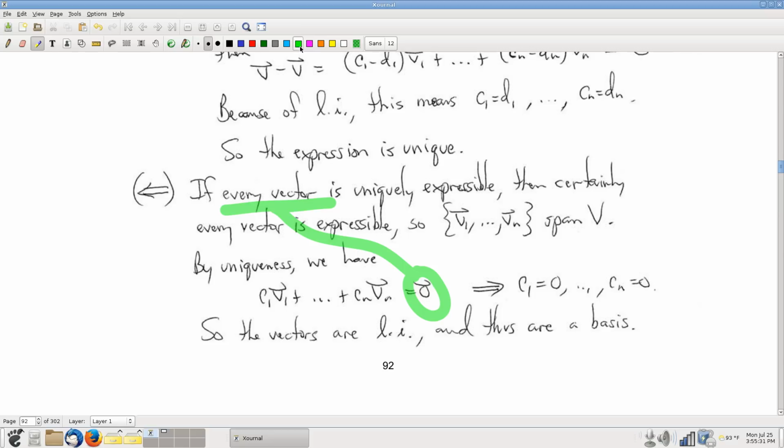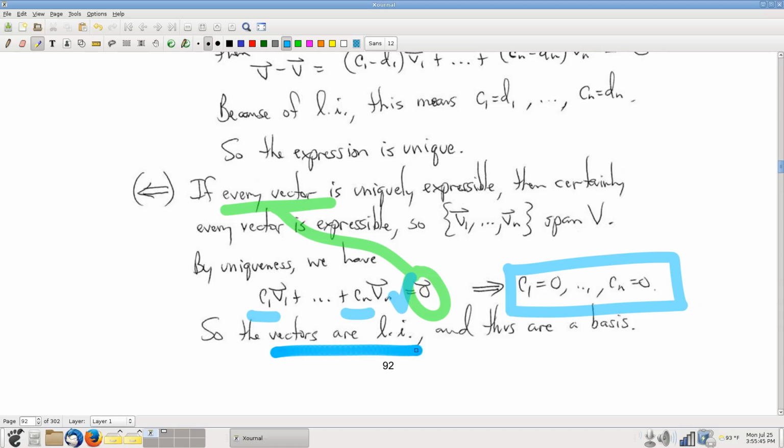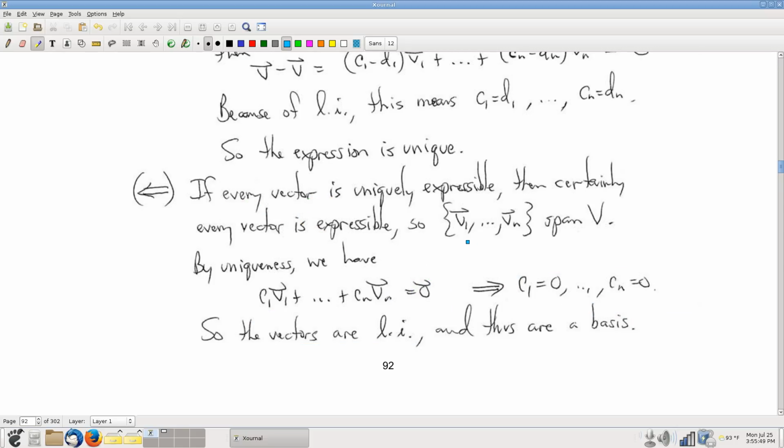So there's only one list of coefficients that could possibly make this equation work. Certainly the trivial coefficients will work. That then is the only way to do it. That means the list of vectors is independent. So we've shown that this list of vectors spans and it's independent, therefore it's a basis.